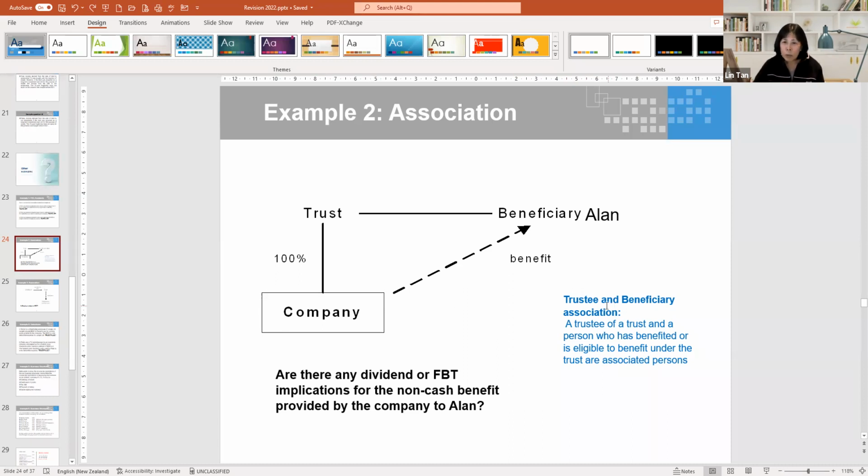And you see that there's one that talks about the trustee of a trust and the beneficiary, they are associated with one another. So therefore, Alan is associated to the trust, and therefore this benefit is provided to an associated person of a trust, and therefore it is deemed to be a dividend.